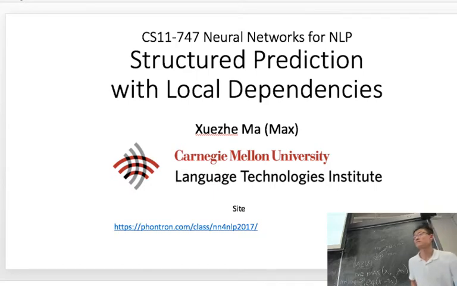How does the deep neural network framework calculate the gradients? Is it using forward-backward? Yes, actually. If you still remember the first class when Graham described the computational graph, it is straightforward.